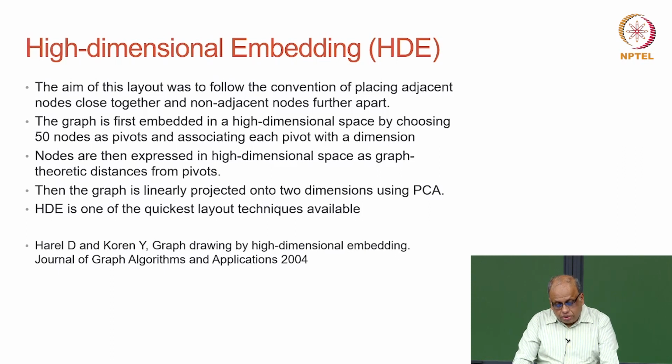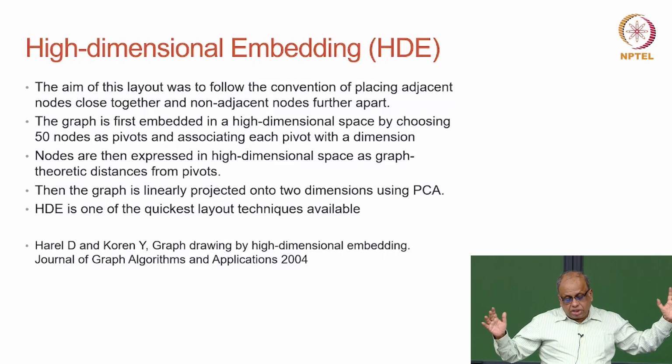In this high dimensional embedding, they try to follow the convention of placing adjacent nodes close together and non-adjacent nodes far apart. The graph is first embedded in a high dimensional space by choosing 50 nodes as pivots and associating each pivot with a dimension. So now you have 50 dimension data.